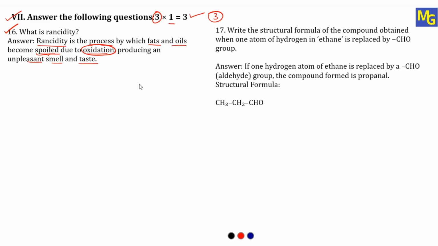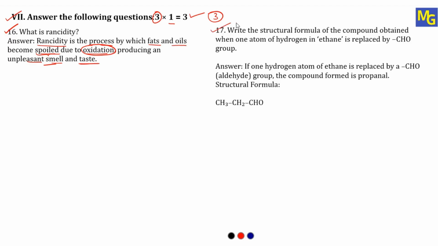Very simple. You may have seen, if you keep any food for more days, 3 or 4 days on the table as it is, then due to the room temperature, that food gets oxidized and you can see some unpleasant smell and taste from the food, and that process is called rancidity. So this is the answer for question number 16.